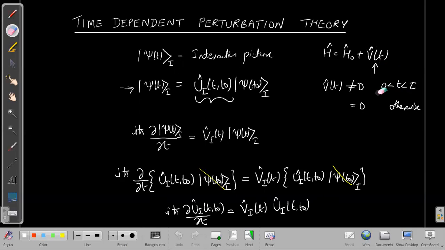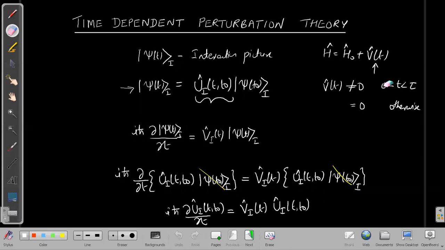If you give some kind of perturbation to the system, then what is the probability to achieve a new state? For example, if the system is a two-level atom and you give a perturbation, what is the probability for the excitation? That is, what is the probability to go to the ground state, or what is the probability to go to the excited state. That kind of probability we have to calculate.